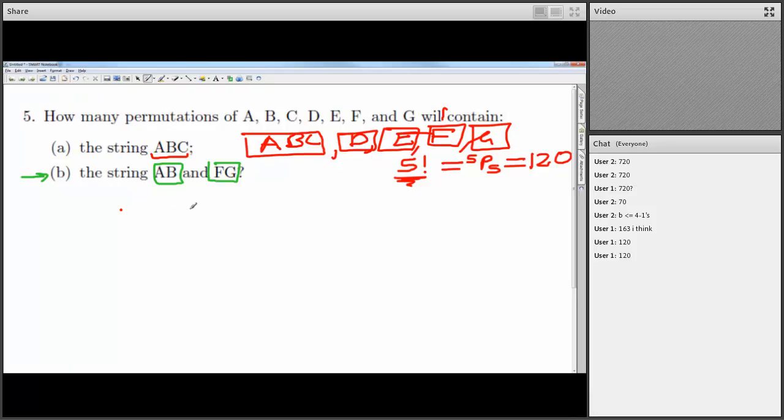The answer is the same, that's right, because effectively you've got AB as a group, you have C as its own group, D as its own group, E as well, and FG. So you'll still have 5 different groups. The groups are different, but it's still 5 groups, and there'll still be 5 factorial ways, or 120 ways, of ordering those 5 groups around. So it's the same answer. That's right.